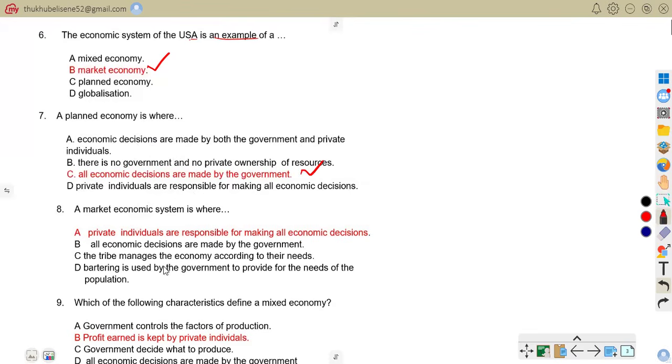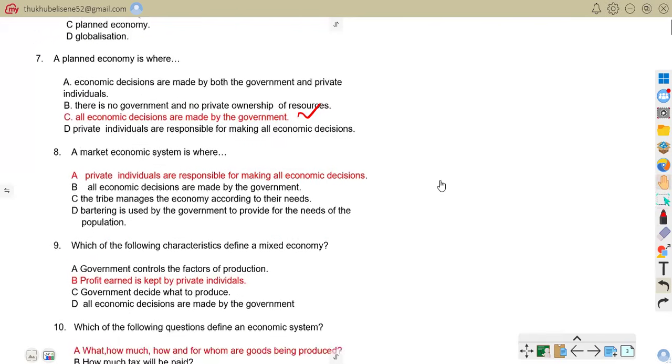So the correct answer there is C. In a planned command economy, government decides what to produce, how to produce, and for whom to produce. Now let us move on, good people.